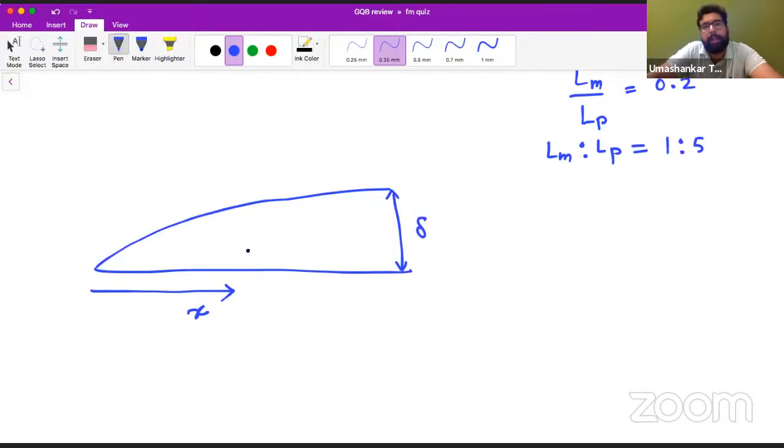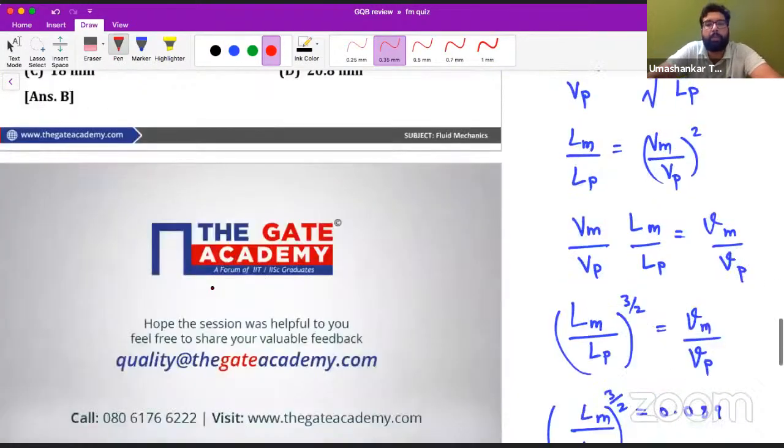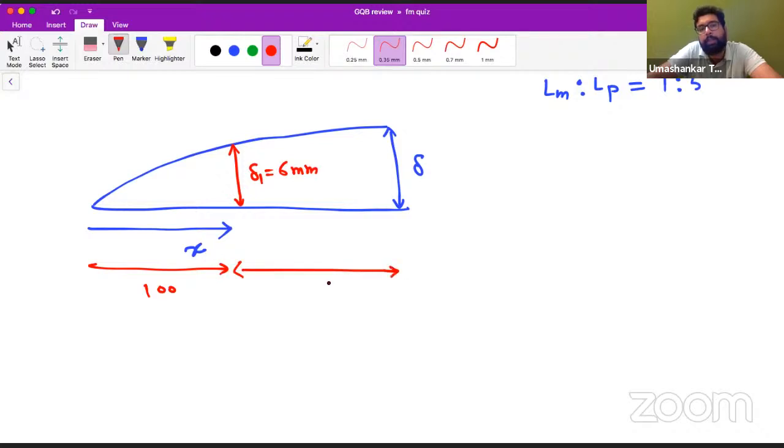So let us say at a distance of 100 mm from the leading edge, we have it as 6 mm. Now at a distance of 300 mm further to this 6 mm, so 300 mm from here.